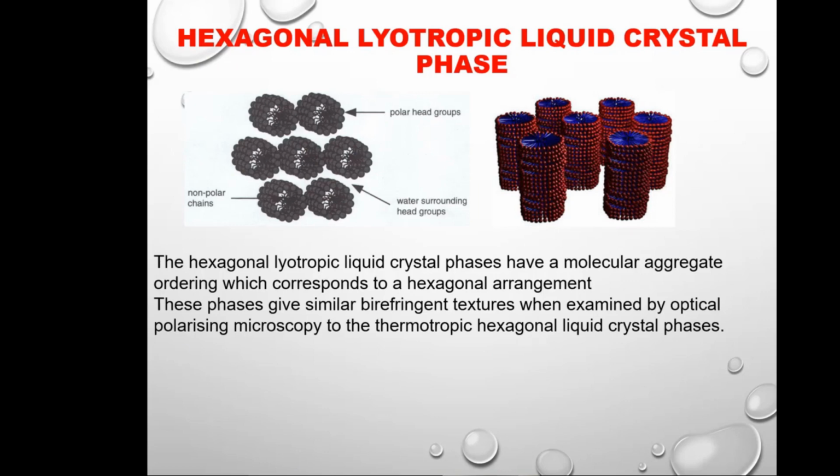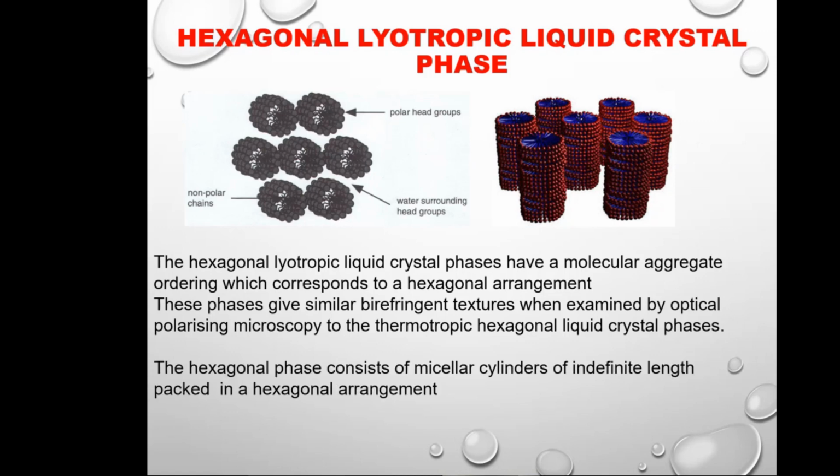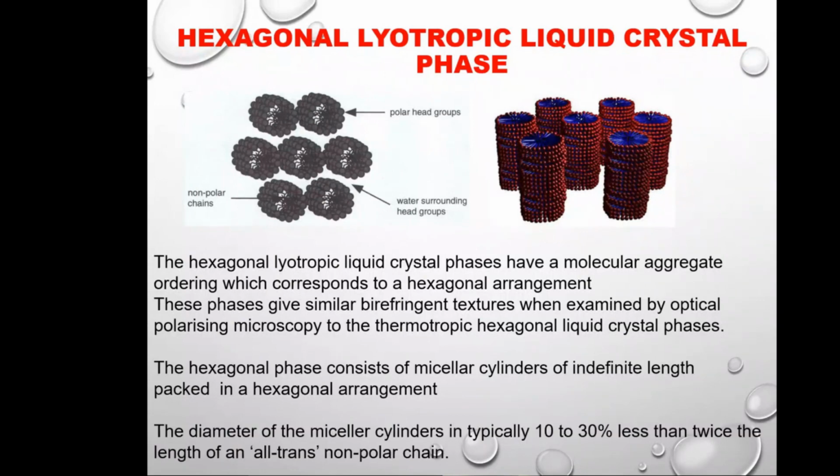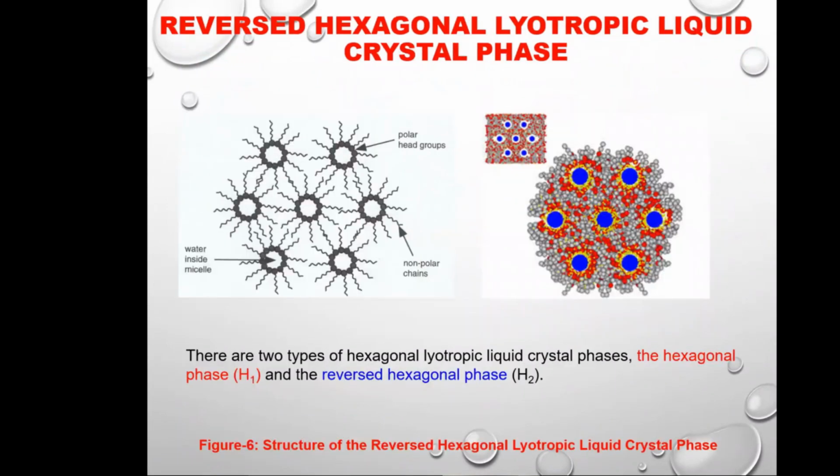These give a similar birefringent texture when seen with optical polarized microscopy as the thermotropic hexagonal liquid crystal. And they consist of micellar cylinders of indefinite length packed in the hexagonal arrangement. Usually the diameter of the micellar cylinder is typically 10 to 30% less than twice the length of the all-trans nonpolar chains.